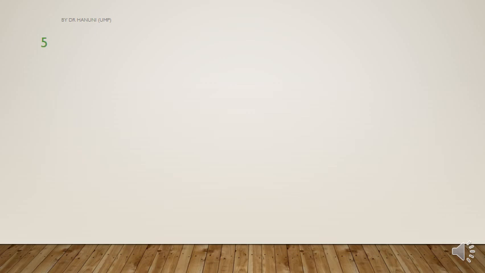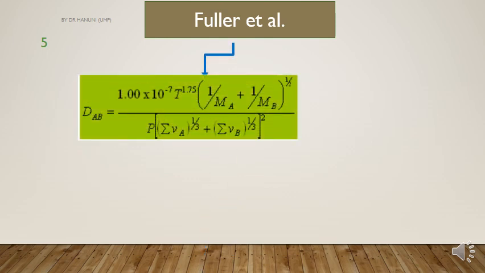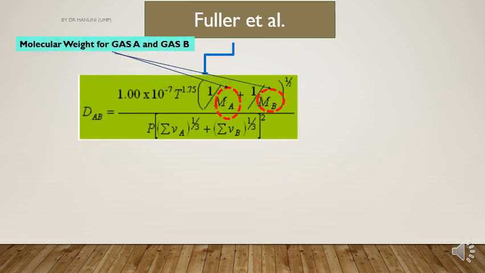Okay, let's take a look at the Fuller et al. method. We have the formula here, and there are two terms at the top, which are MA and MB, which represent the molecular weight of gas A and gas B. And what about the summation of VA and summation of VB here?